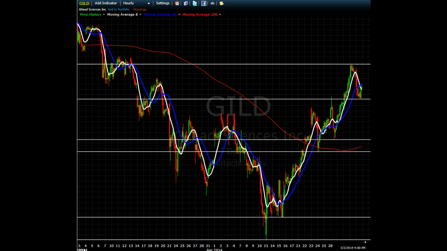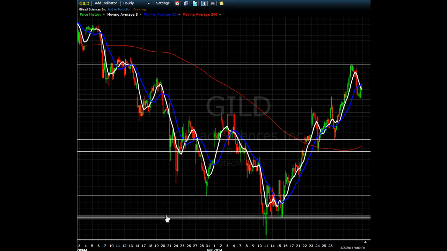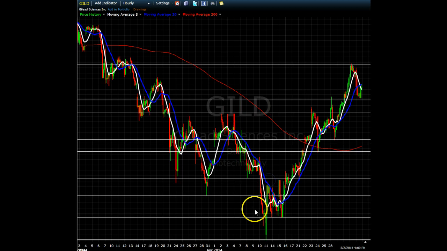That was a low. Some resistance areas would have been right in there. We hit a low point there. We'll go ahead and mark that off. I think right in there. And I think that's good for Gilead.